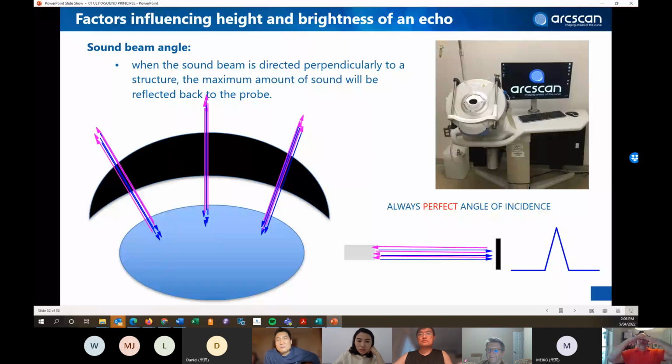Our device sits in an arc and then moves based on an arc. The closest one would be a Quantel linear scan, which is linear all the time. If this is the tissue and I have a linear one, I'm not perpendicular to the cornea. If I'm here, I'm always perpendicular.